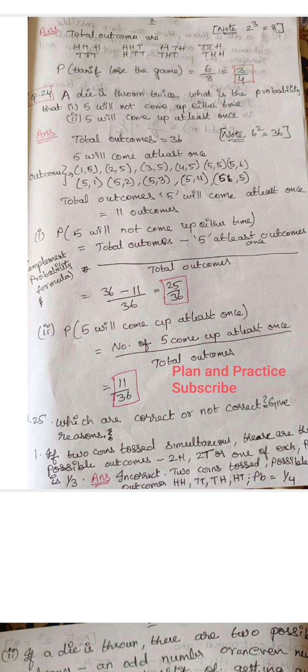Is it correct or incorrect? They are asking. It is incorrect. When two coins are tossed, the possible outcomes are HH, TT, TH, HT. So the probability is 1 by 4. They have given the probability as 1 by 3, which is incorrect.